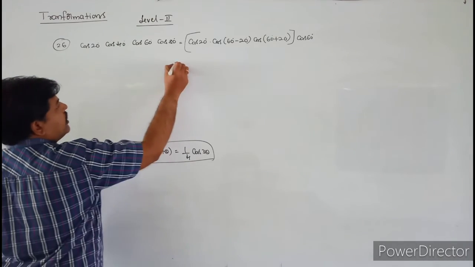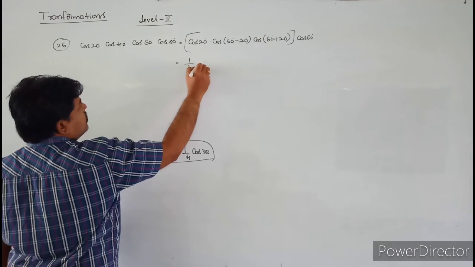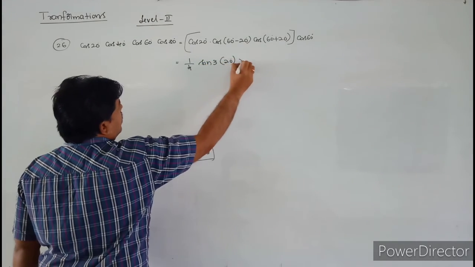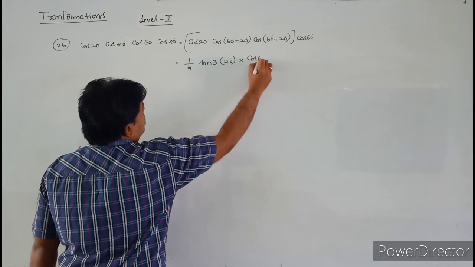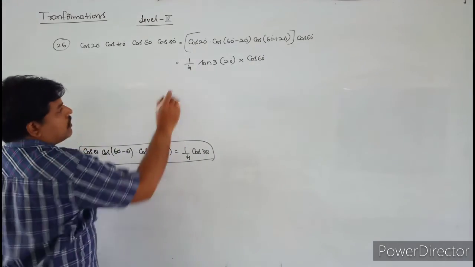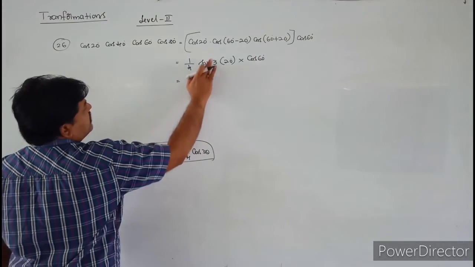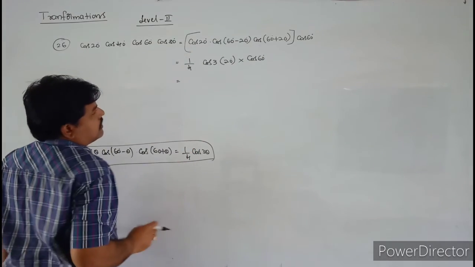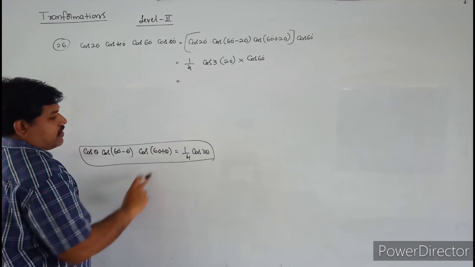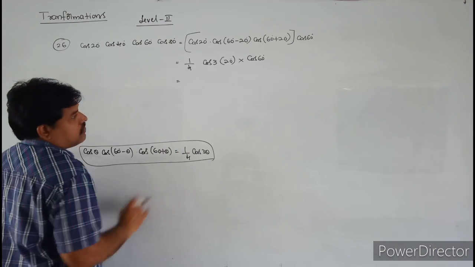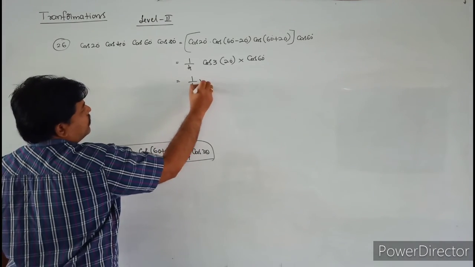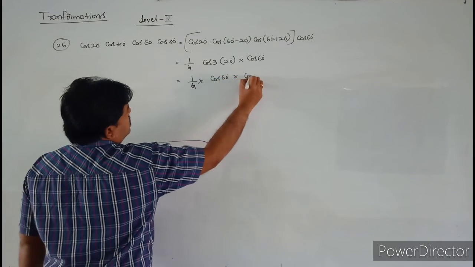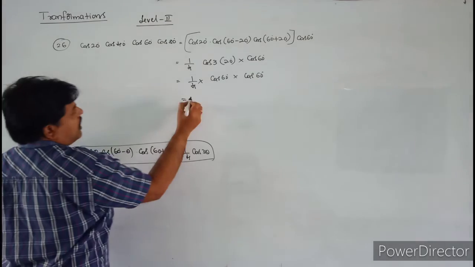So this value becomes 1 by 4 into cos 3 theta, into cos 60 degrees. It is not the sine actually, it is the cos. Cos theta, cos of 60 minus theta, cos of 60 plus theta is nothing but 1 by 4 into cos 3 theta, which is 1 by 4 into cos 60 into cos 60 degrees.